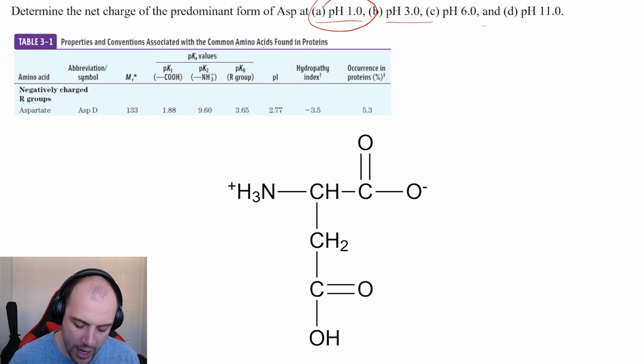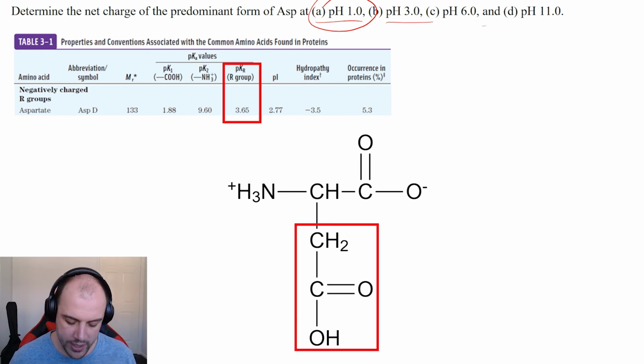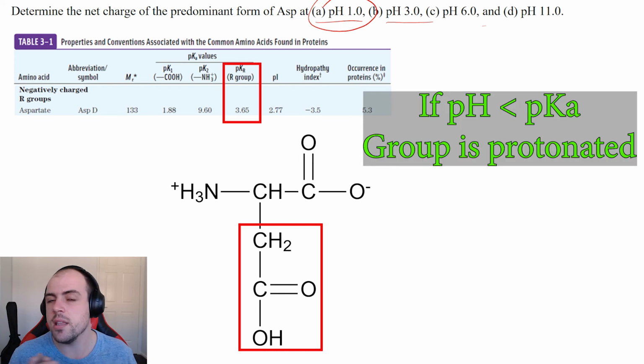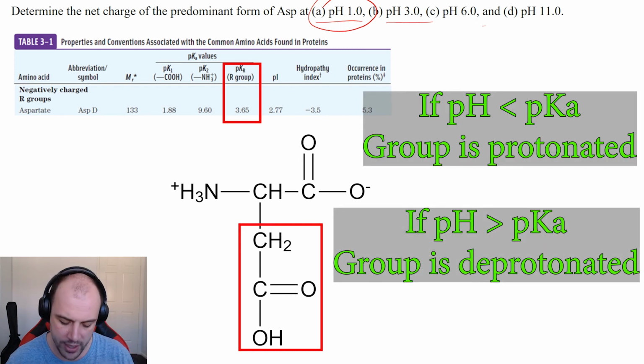And looking at our R group, it is 3.65. Now, again, in the real world, this would be partially deprotonated, but we're going to keep it nice and simple here and essentially make the statement I said before: if the pH is less than the pKa, then it's going to be protonated. If it's greater than, it's going to be deprotonated.